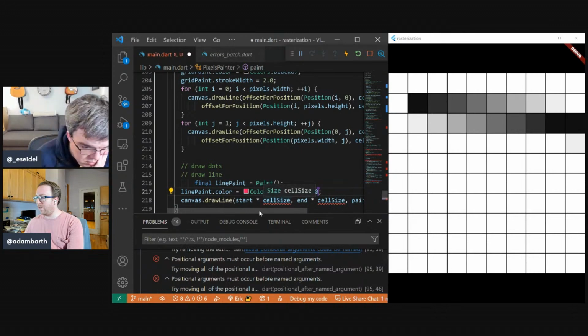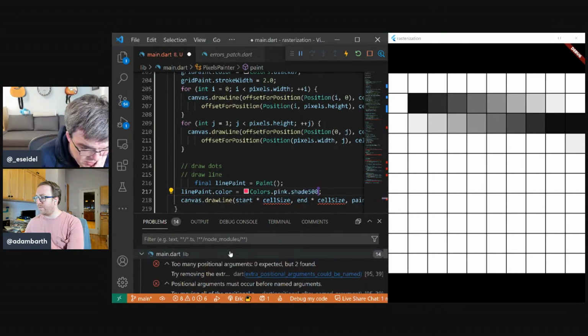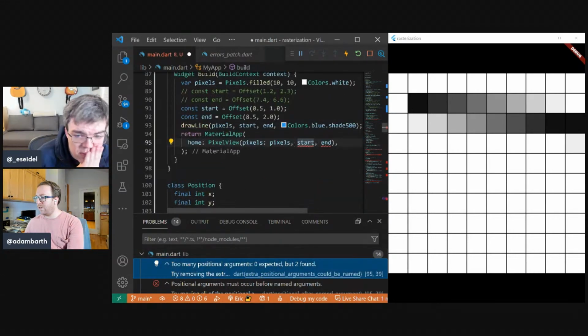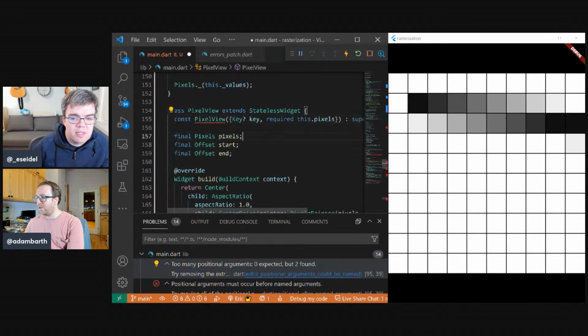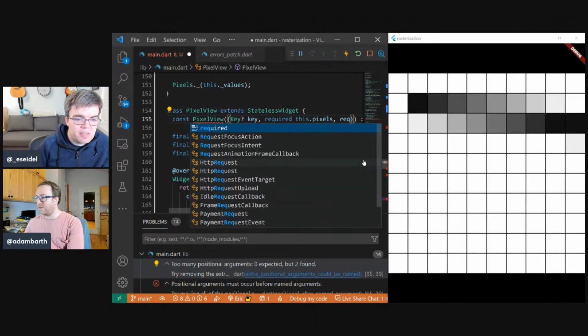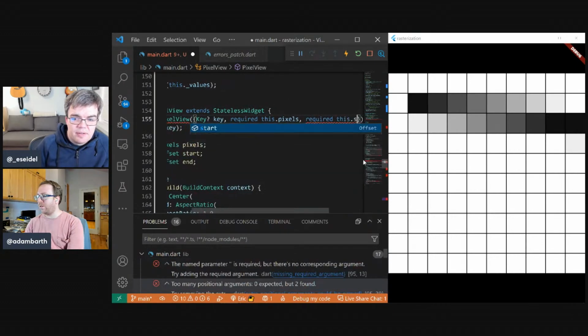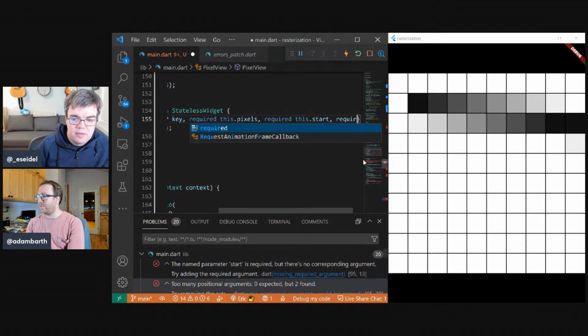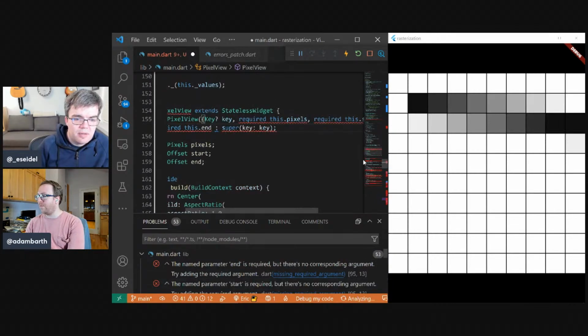So we don't know how to multiply, too many positional arguments. What did I do? Yeah, I don't think this multiplication is legit, but you can fix that while I fix the plumbing. Okay.